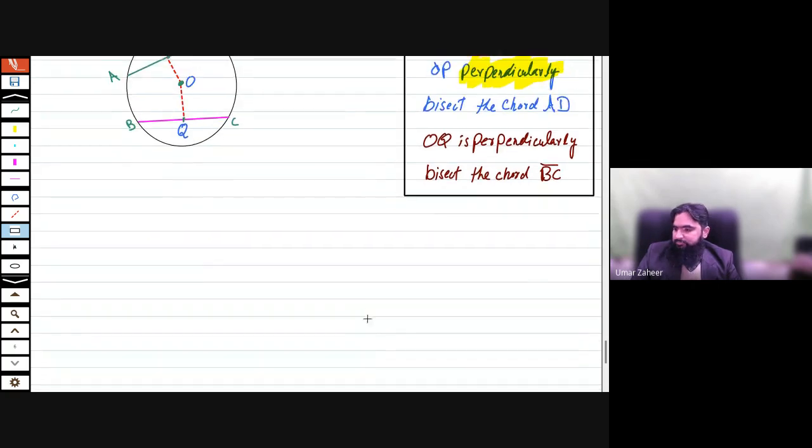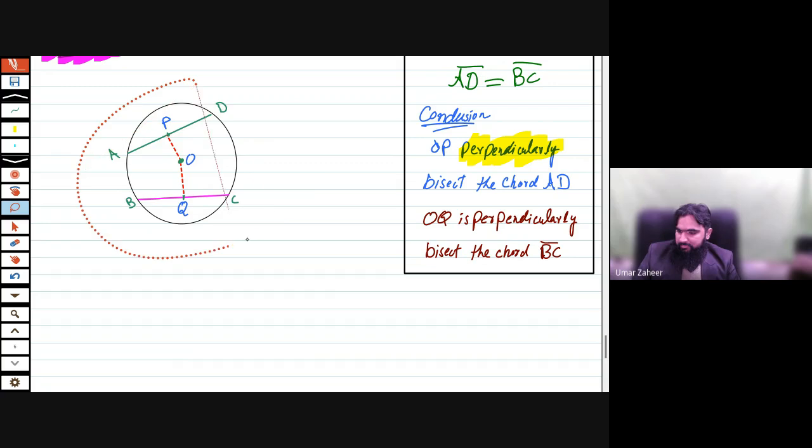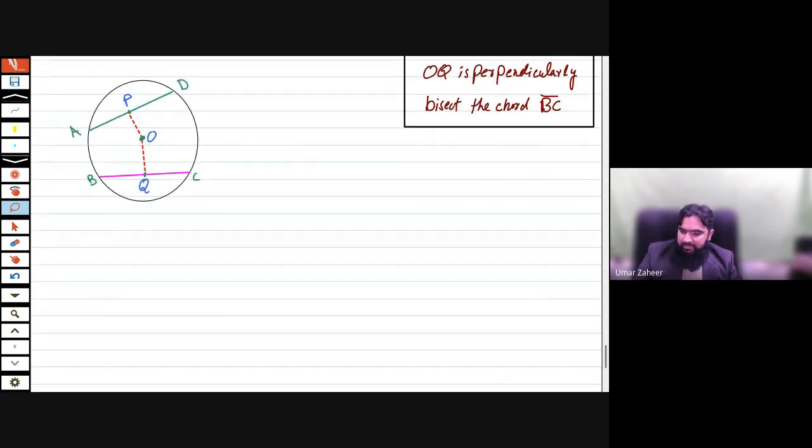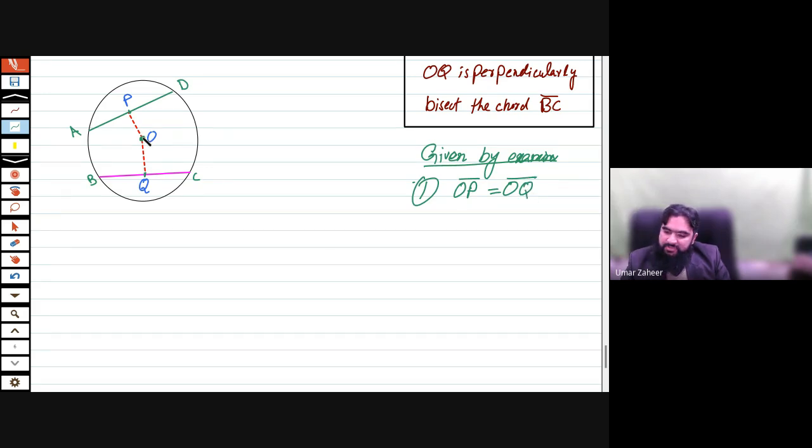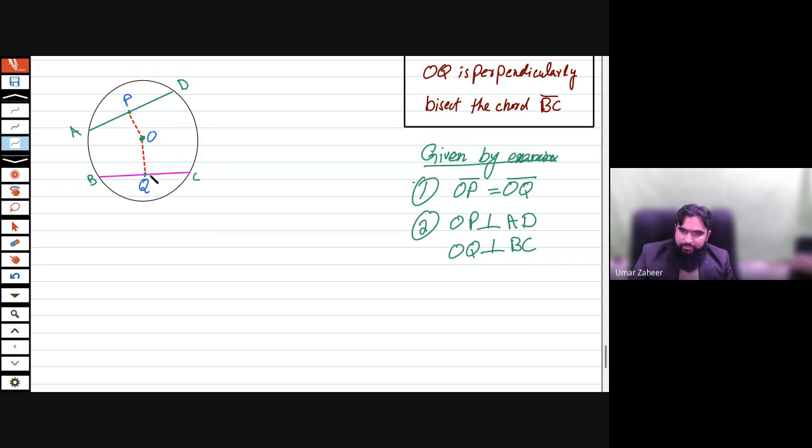And the second thing is, if it is given that OP is equal to OQ, meaning the perpendicular distances from the center to the chords are equal, where OP is perpendicular to AD and OQ is perpendicular to BC, so you are taking the perpendicular distance of the chord from the center.